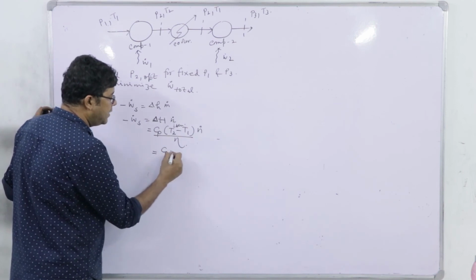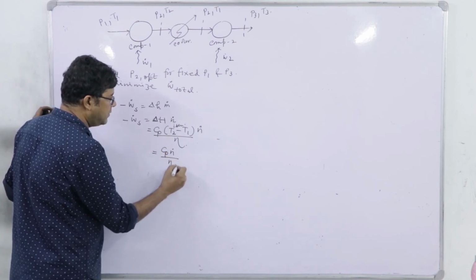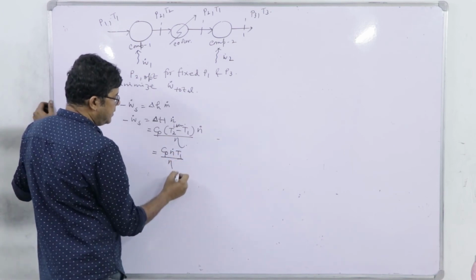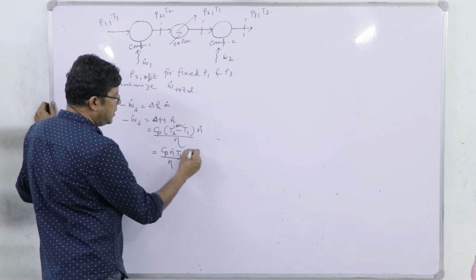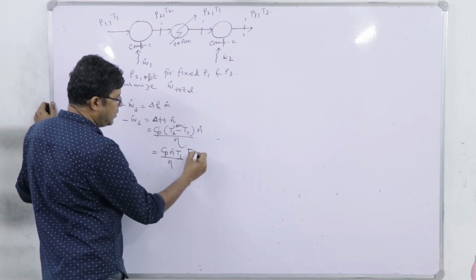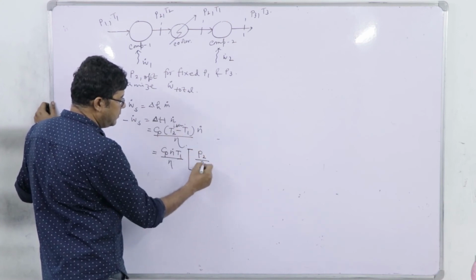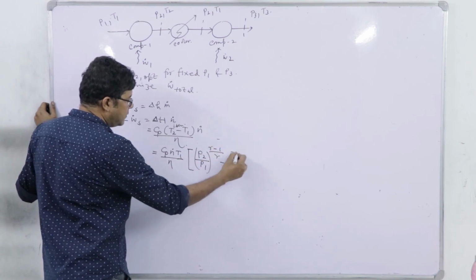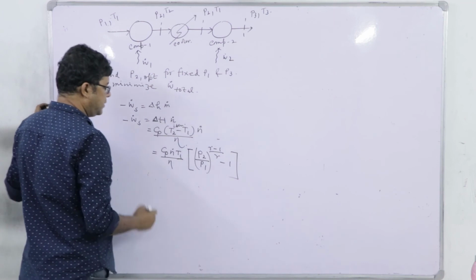So Cp into N dot divided by eta, into T1, will give you T2 isentropic by T1, which is P2 by P1 to the power gamma minus 1 by gamma, minus 1.